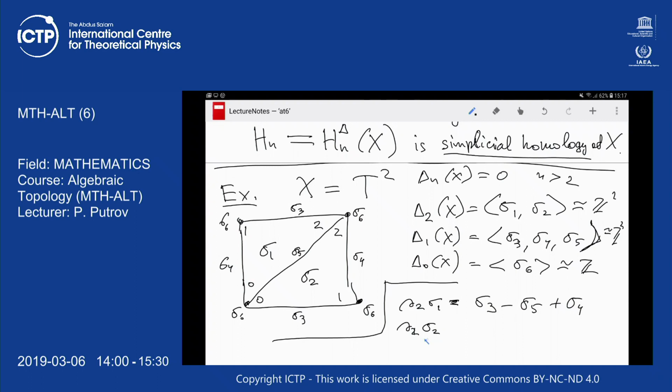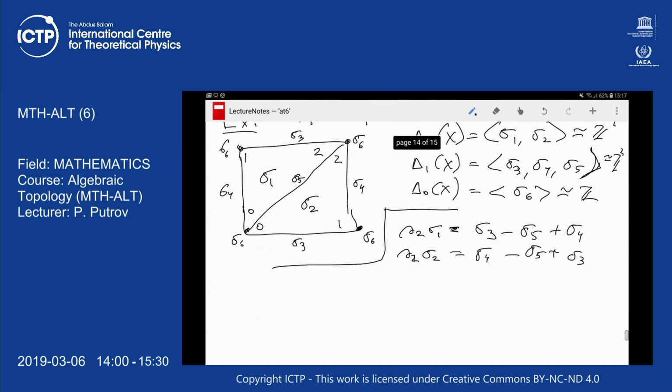The same for sigma 2. Removing vertex 0 gives us sigma 4, then with a minus, removing vertex 1 gives sigma 5, and then removing vertex 2 gives us sigma 3. So you can see this is actually the same. In particular, delta 2 of sigma 1 minus sigma 2 is 0.